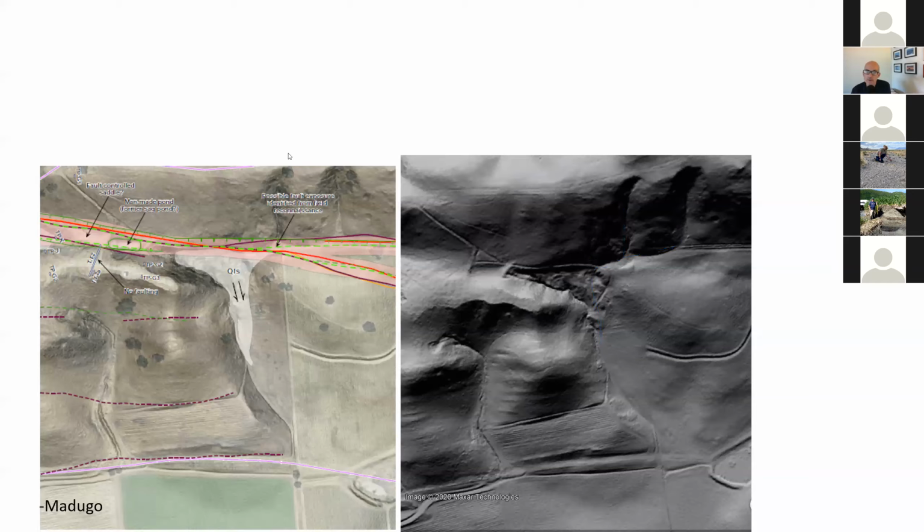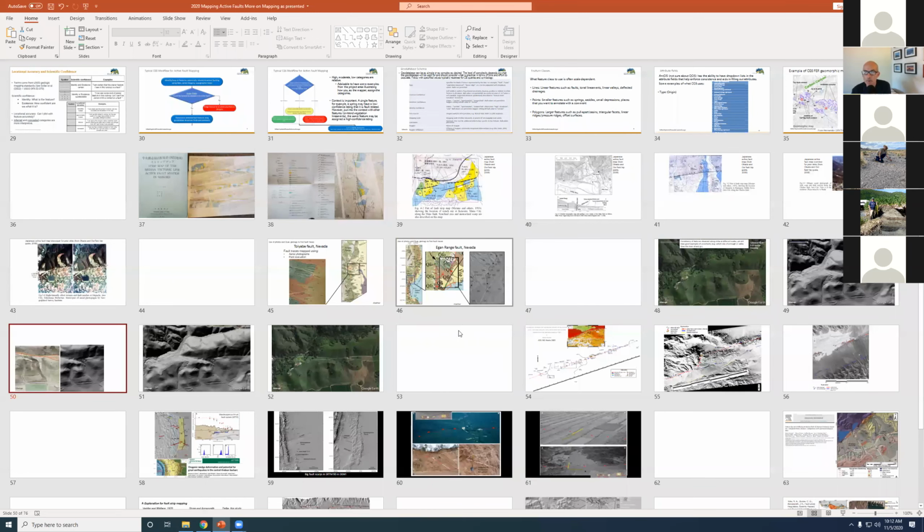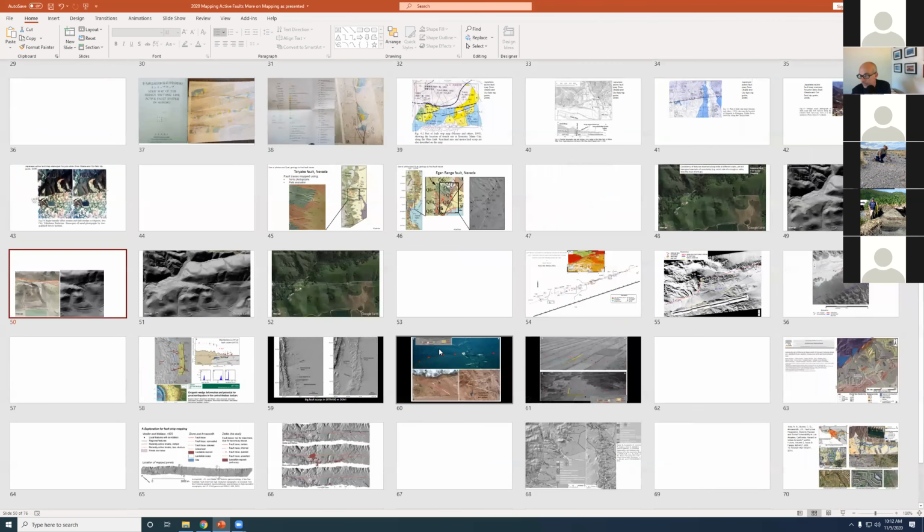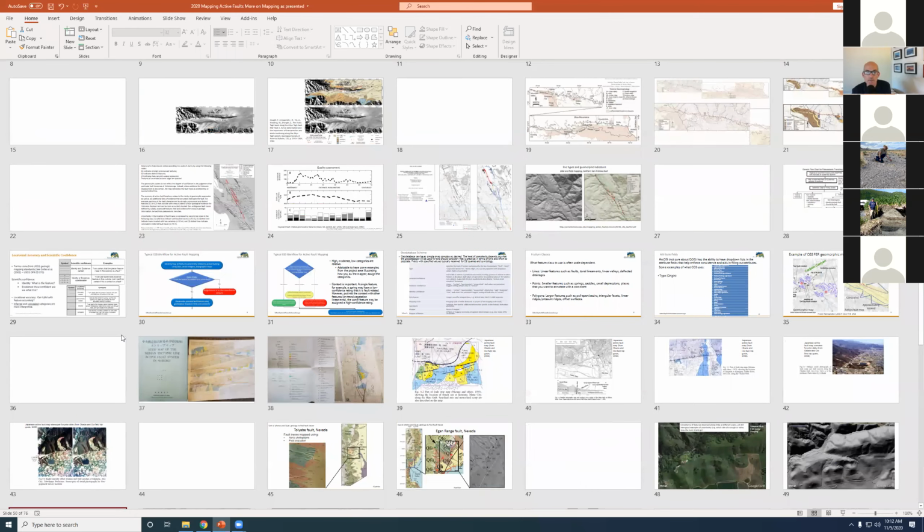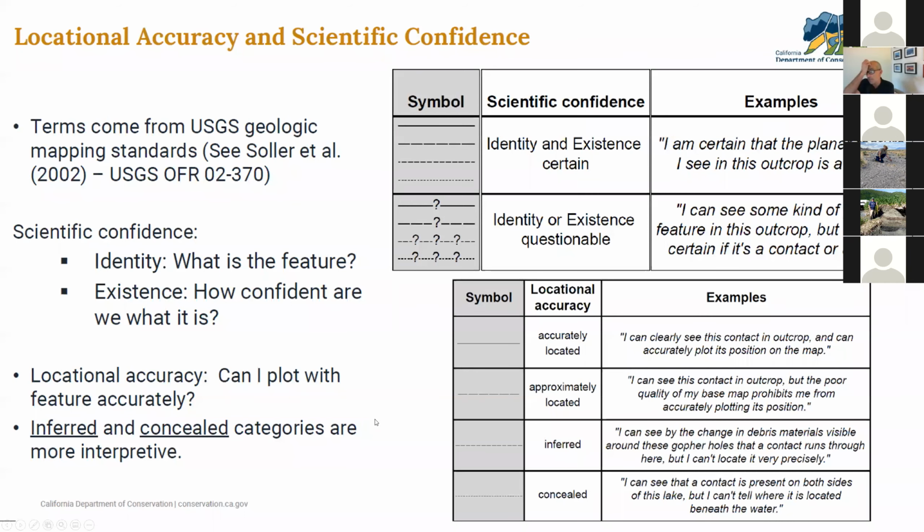So I'm sensitive about the time. I have some more cool stuff, but let's just summarize a little bit. One thing is this information from Tim, reminding you about the conventions of line location and scientific confidence.